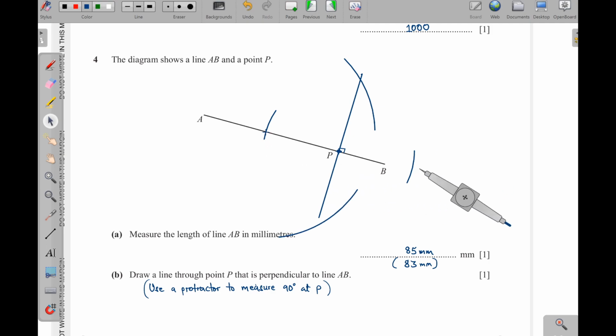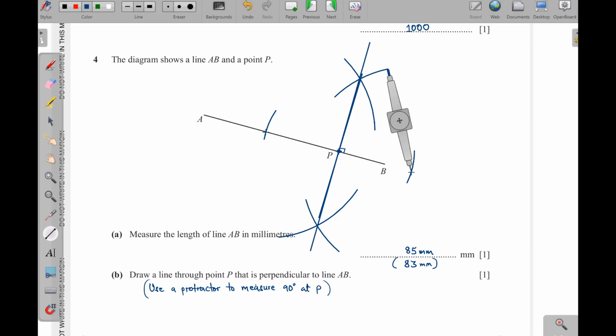And without tampering with the length of your compass, now we can put it this other side. And then we also draw an arc. Then we also come this other side and we draw that arc. So you see the line that I've drawn. Then you connect where those arcs are made.